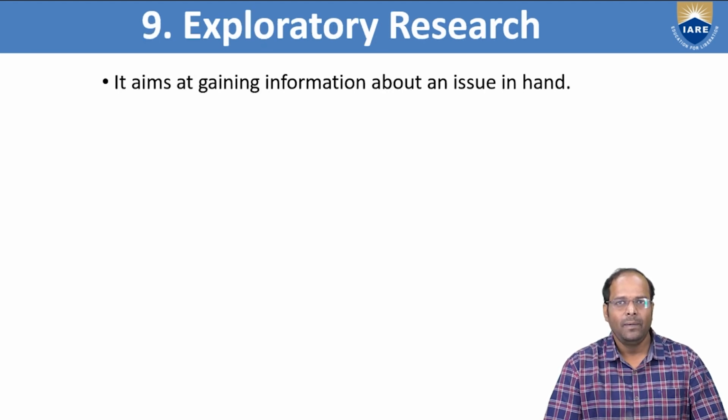Another one is the exploratory research. It aims at gaining information about an issue at hand. This is the trending one. Suppose you are taking COVID-19, that is a trending one. That will fall under the exploratory research.